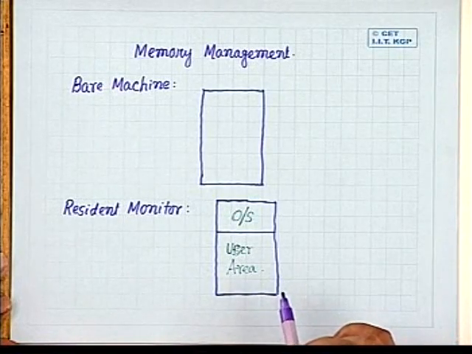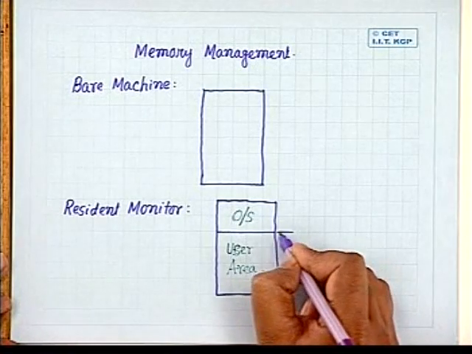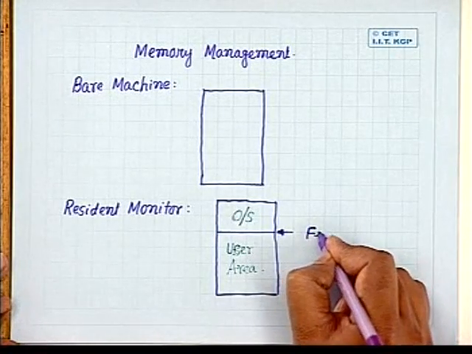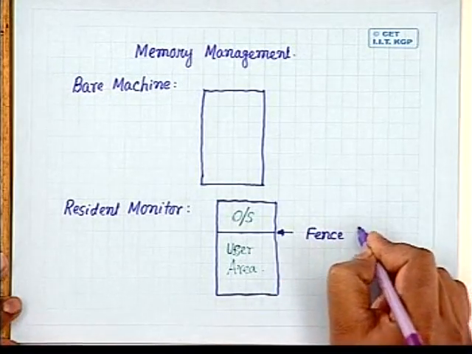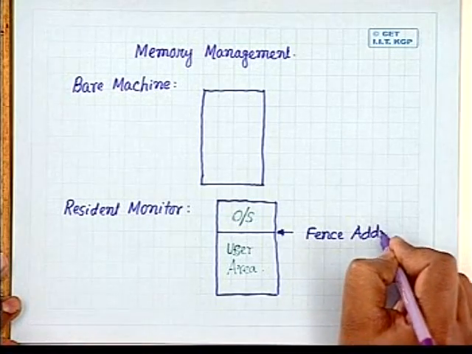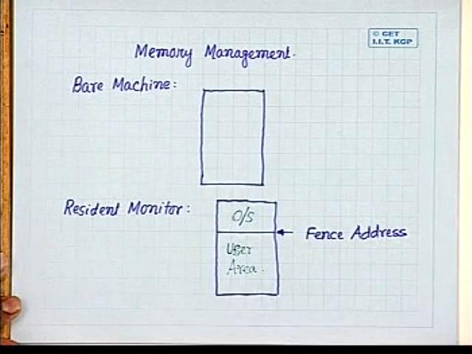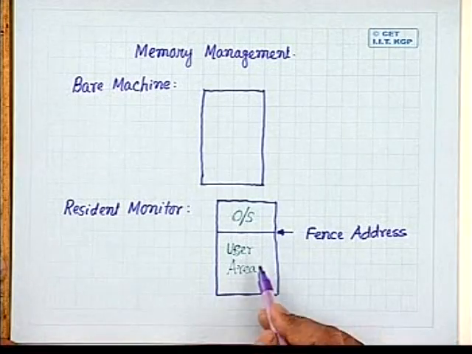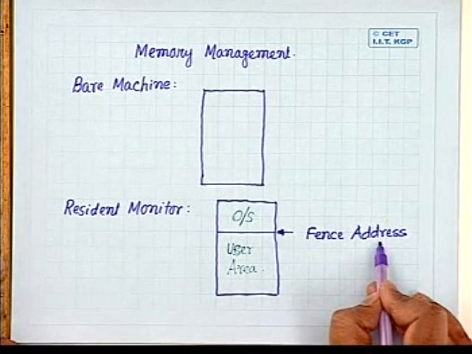But the operating system, because it monitors the entire computer, can have access to the user area. So what we have to have is some sort of fencing. Here we have to put what is called a fence address. Whenever the user program tries to access the memory, the address which is generated is to be checked with the fence address.